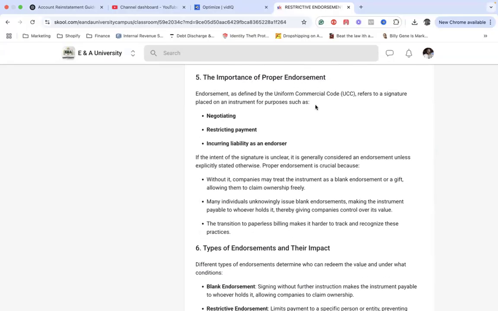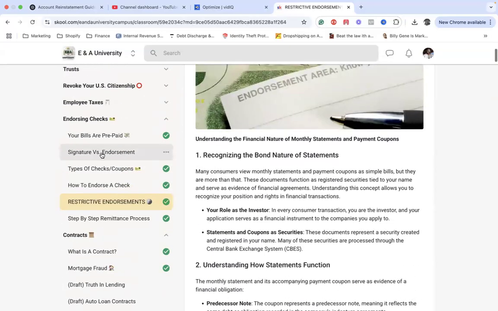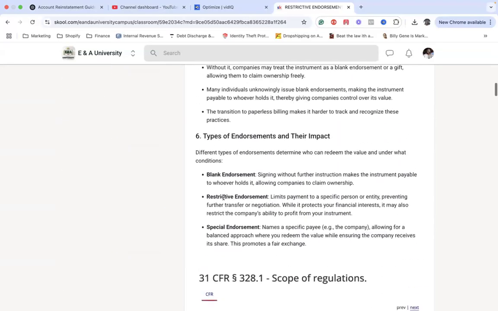So the importance of proper endorsement, right? Endorsement, as defined in the UCC commercial laws, refers to the signature placed on the instrument for purposes such as negotiating, restricting payment, and incurring liability as the endorser, right? We went over that here, right? We went over the endorsements, how signatures differ from an endorsement, and really just covered all of the history of that, right?